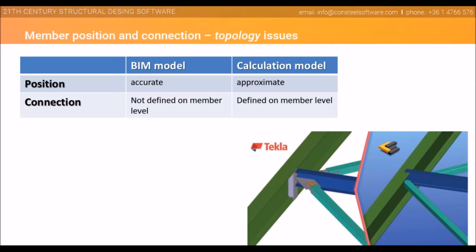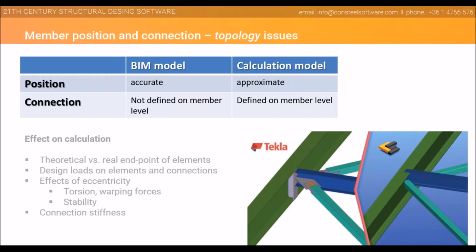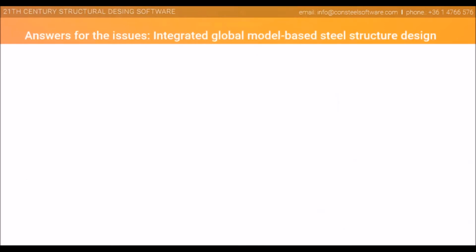But in the analysis model, the position of the elements is often approximate, but the connections between the elements are crucial. This difference has a lot of effects on the calculations: the theoretical versus real endpoints of the elements, the position of the loads and the elements and connections, the effect of eccentricities, torsion, warping forces, stability, and the connection stiffness.